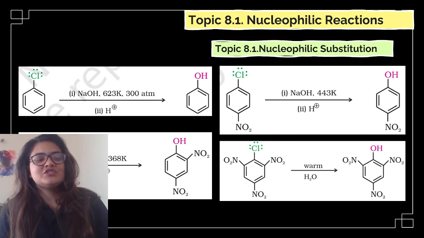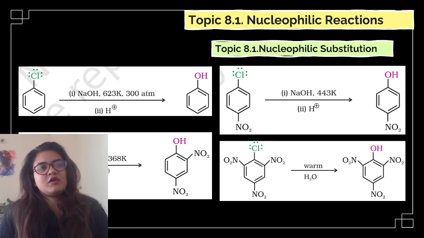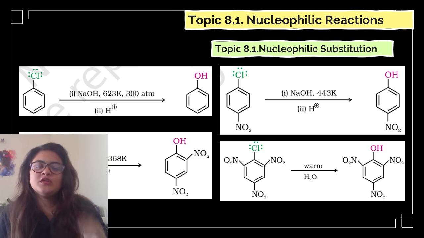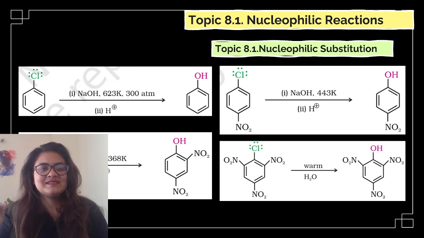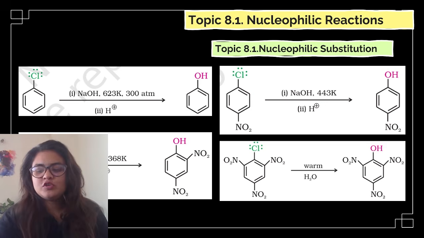Now look at the situation, it's less hectic: 368 Kelvin only. If you give NaOH, the Cl will be converted to OH. If all the ortho and para positions are replaced with nitro groups, then if you simply warm it, it will change to OH. Why? Because the electron withdrawing group decreases the electron density, and hence the nucleophilic attack becomes prominent. Okay, I guess it's clear to you. Let's proceed further.